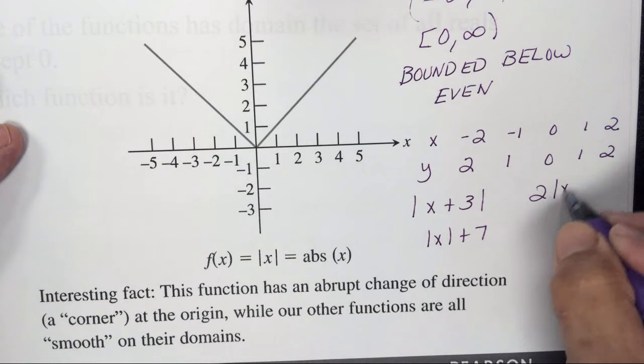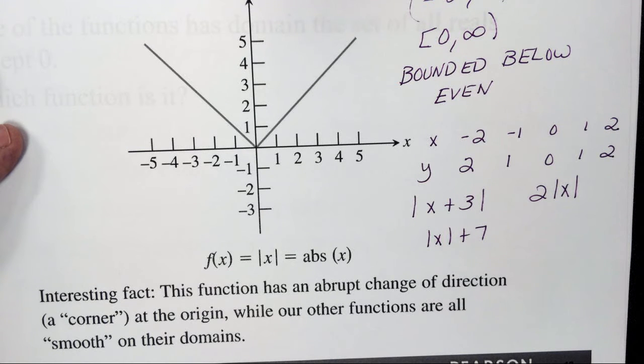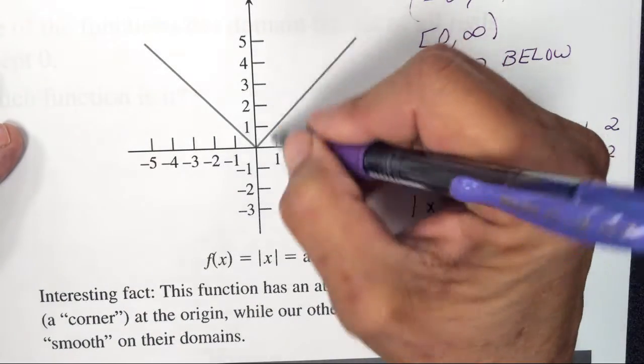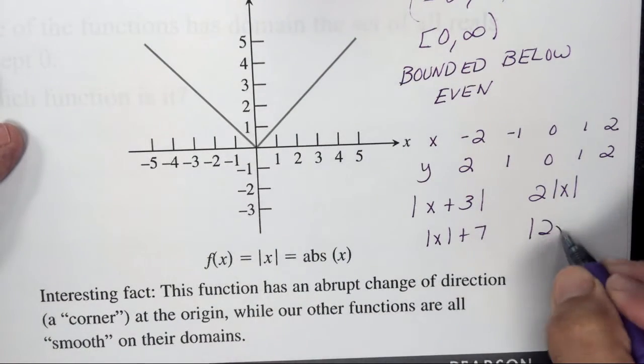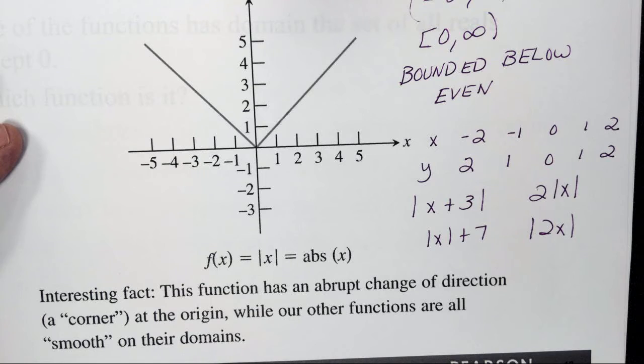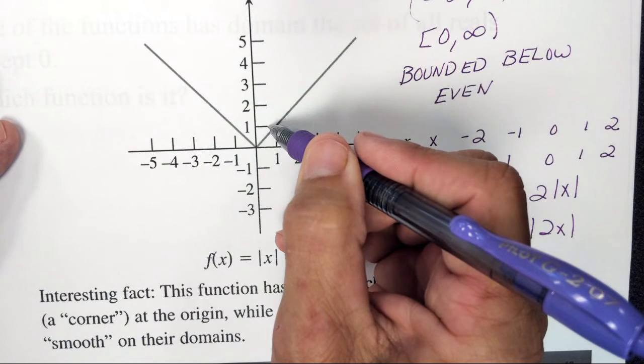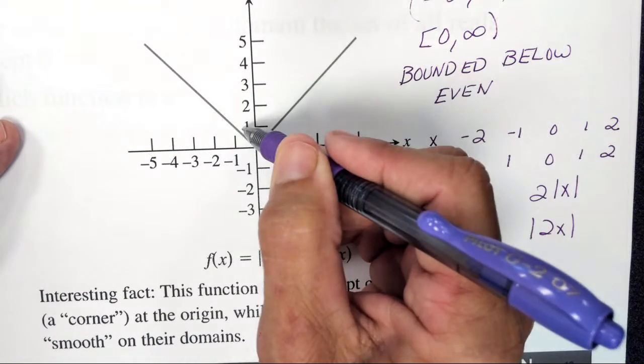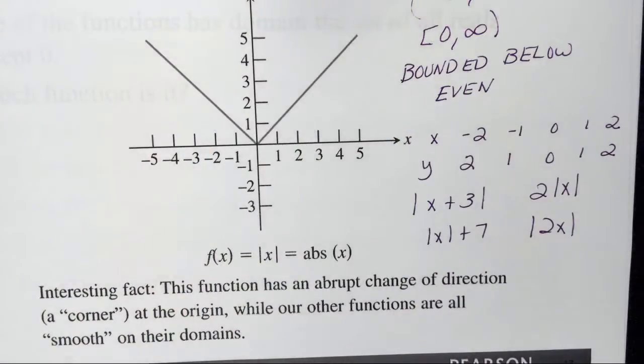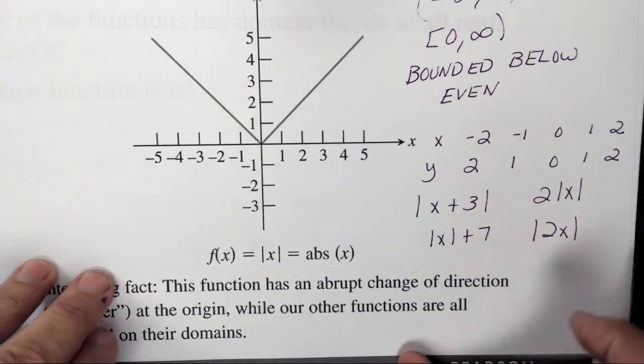This would do what to those parent points? Vertically stretch, right? This would do what to those parent points? Horizontally compressed. Because remember, the 2 is read as a half. So it's going to pull it in, which is going to make it skinnier. So that one should be one you're fairly comfortable with. Should recognize what it looks like, be able to easily recognize that one.